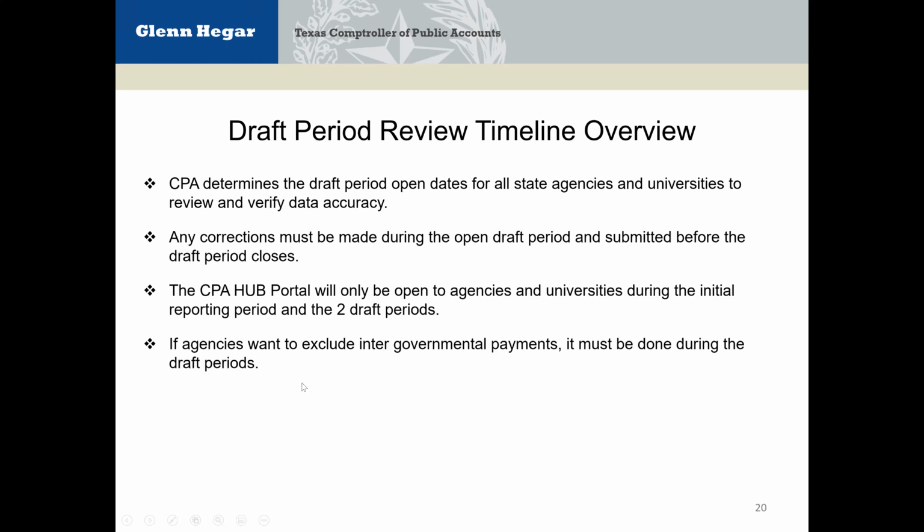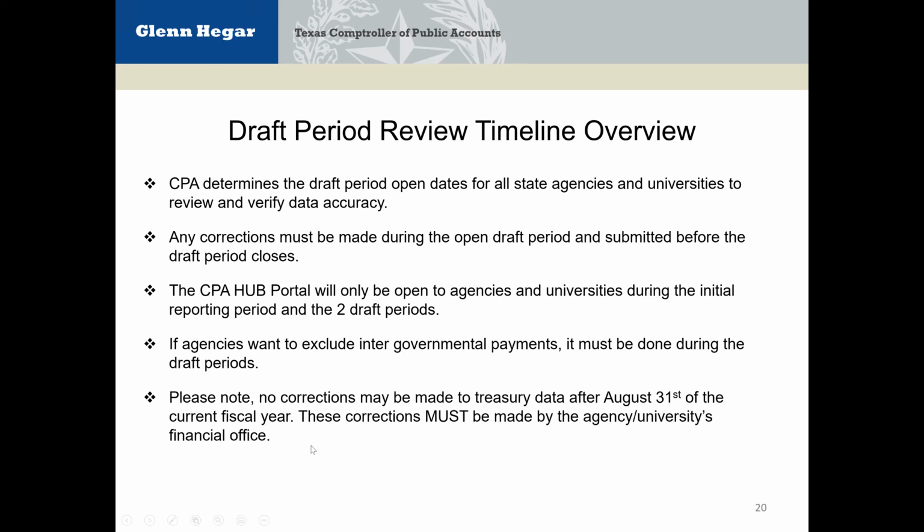And one of the reasons I say that is I'm not able to enter those for you. So if you want to back those out of your numbers, you need to do it. Please note, no corrections may be made to the Treasury data after August 31st of the current fiscal year. These corrections must be made by the agencies, universities, and financial offices.